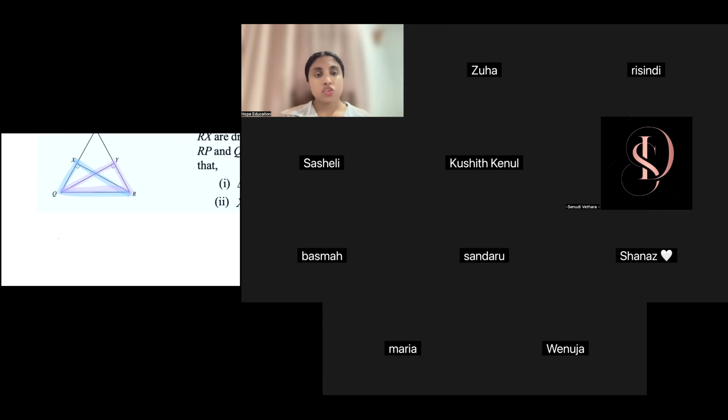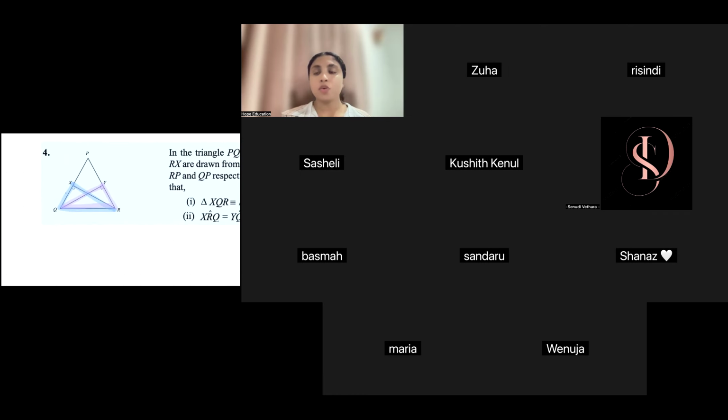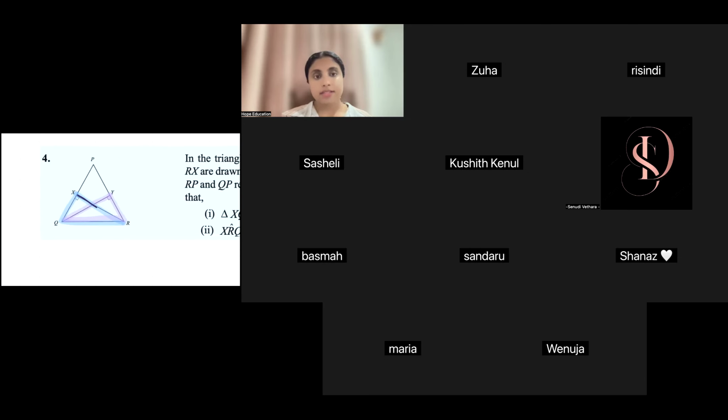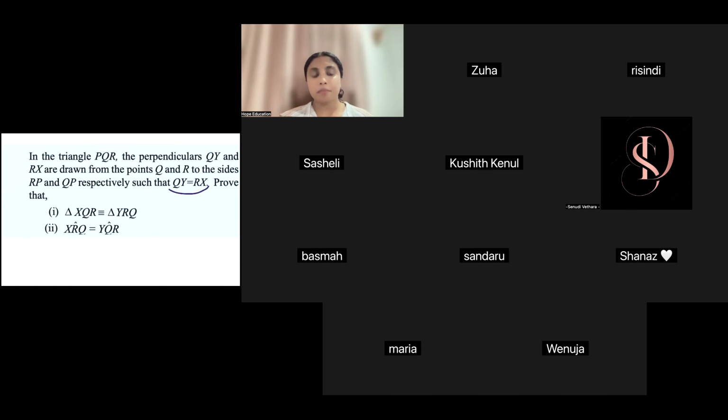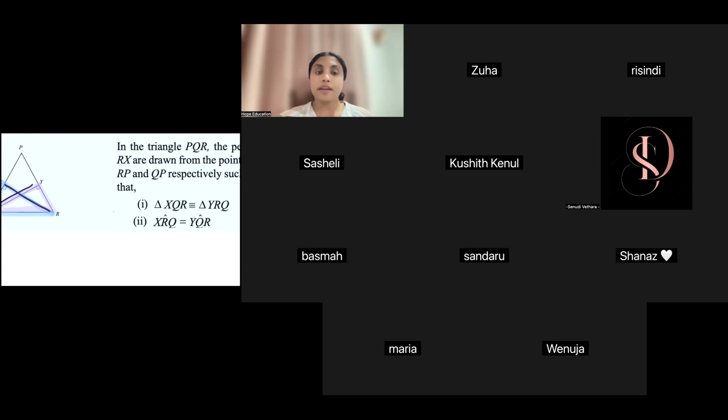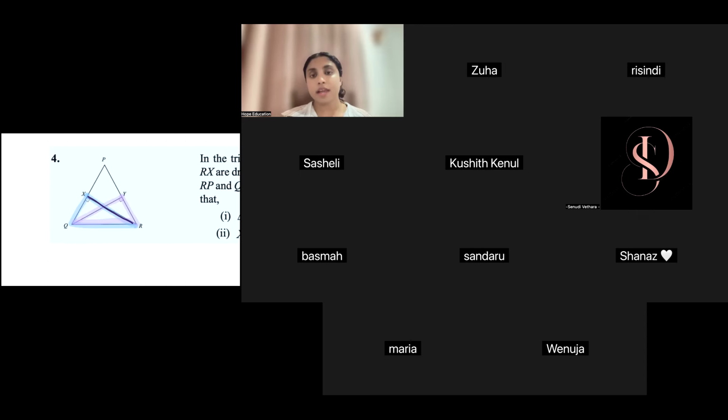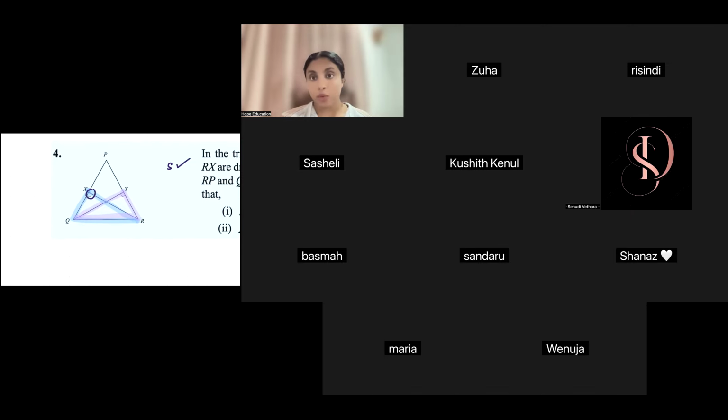Okay. So can you see now, in the blue triangle and the purple triangle, both of these sides are equal. XR and QY are equal. They have given it. QY equals RX, so we have one side. Good. Can you see in both the triangles we have a right angle which are equal.